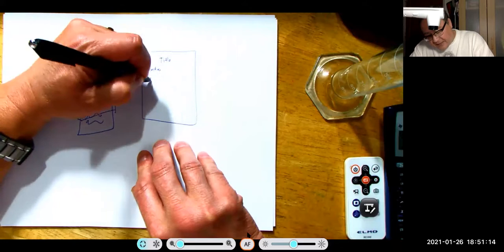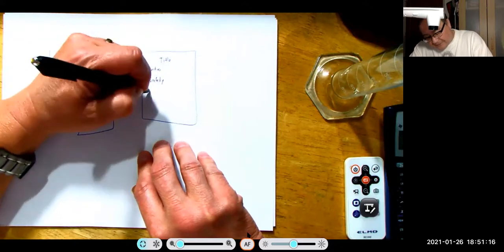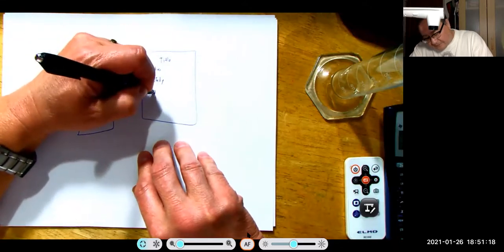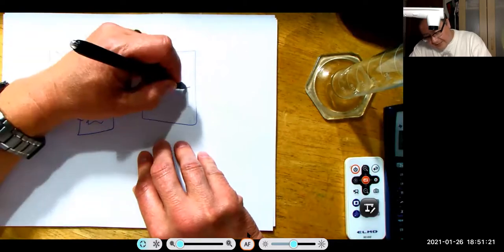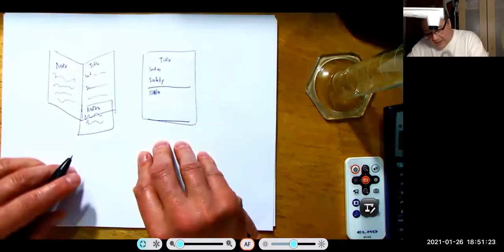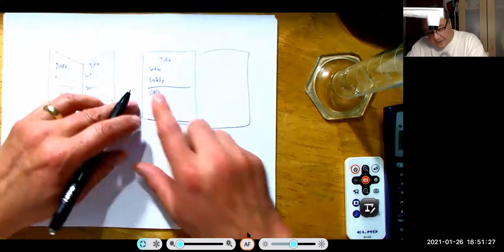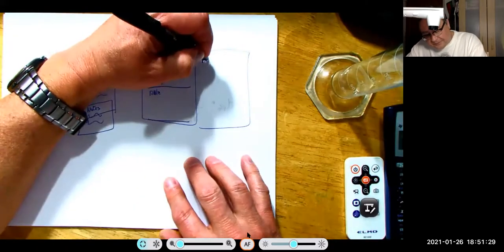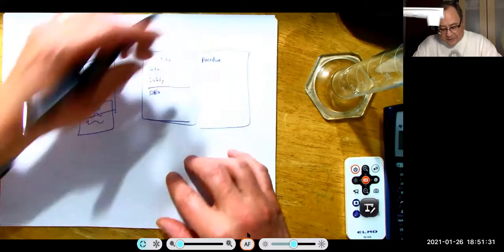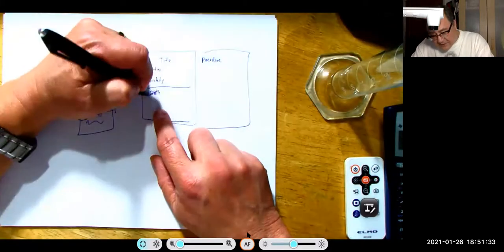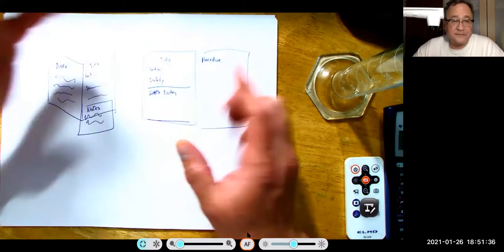Here's your safety. And then maybe you have some notes here. And maybe you kind of set that aside by doing that. And then on the next page, you might take up again with procedure. So I'm not sure if this is kind of what you're talking about, Melissa, but that's fine.